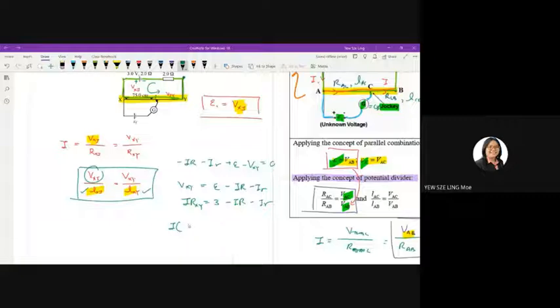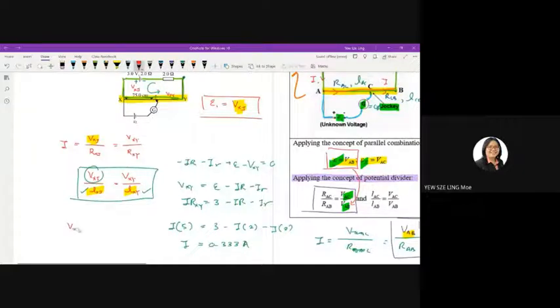So from here, do I have the value of Rx? Yes, the wire, the reading is 5. Then I times 5 equals 3 minus I times 2 minus I times 2. Rearrange the equation, I is equal to 0.333 ampere. Once you have I, you can then determine Vxy.